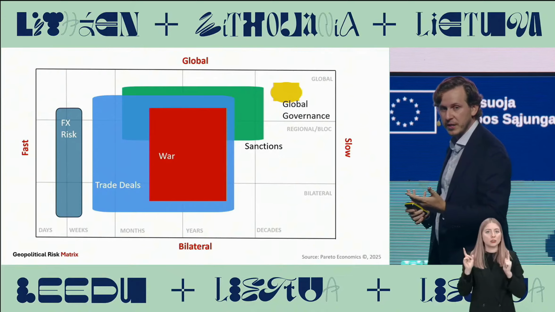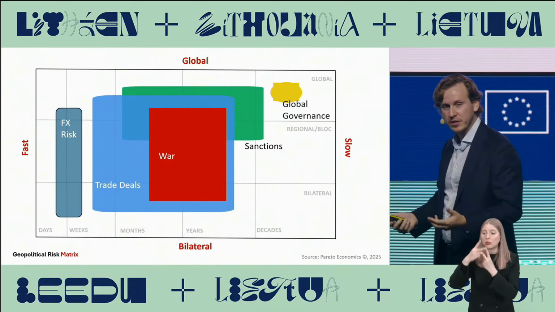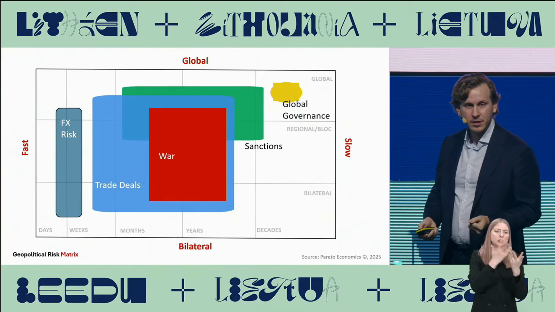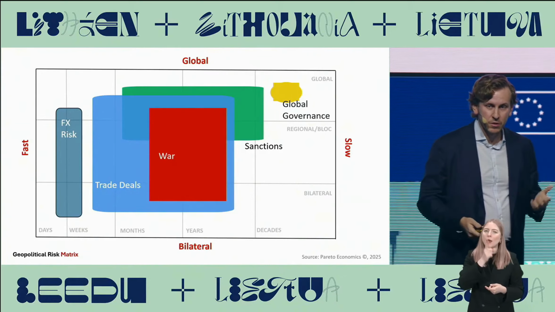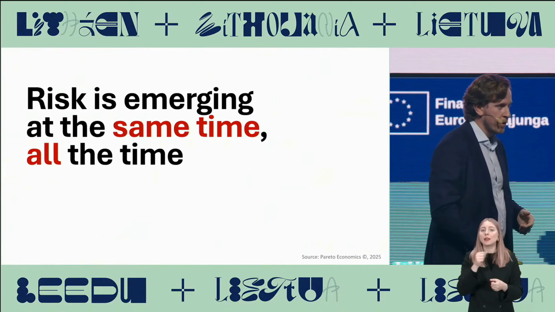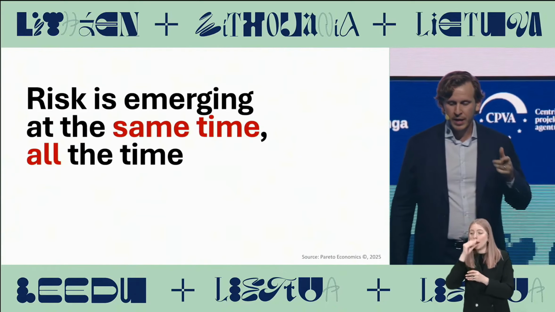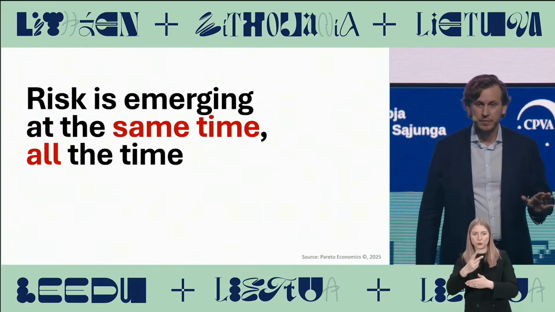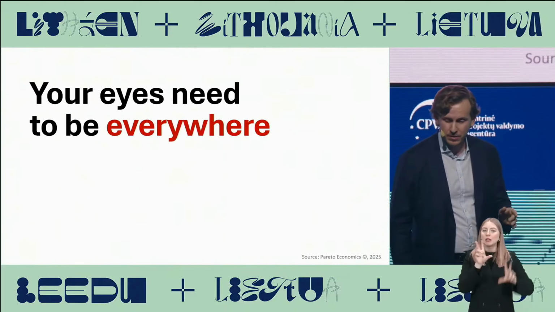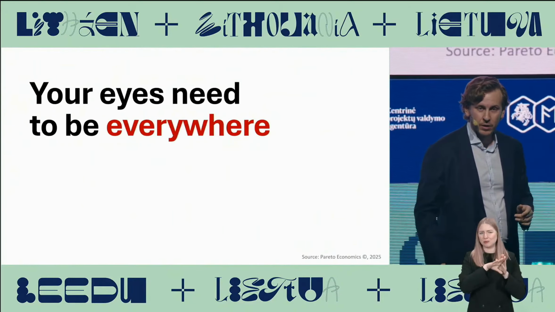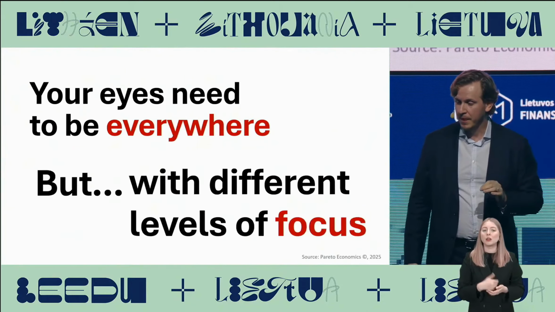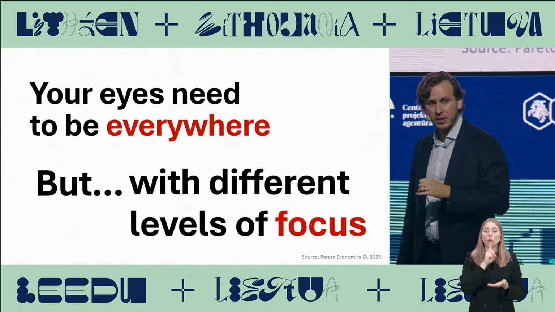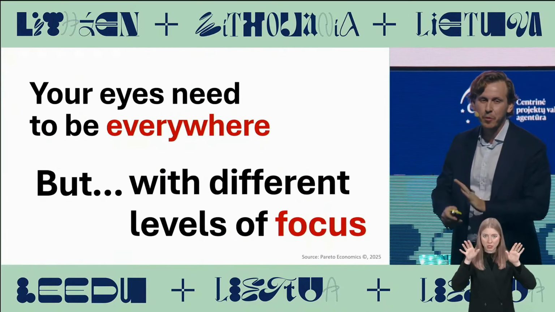That's another way to build resilience, by putting in the structures, putting in the teams that can do this. But this generally means a few things. First of all, risk is emerging at the same time all the time. But this also means something else. Your eyes need to be everywhere, but importantly, with different levels of focus, because you can't focus on everything at the same time, it's impossible.